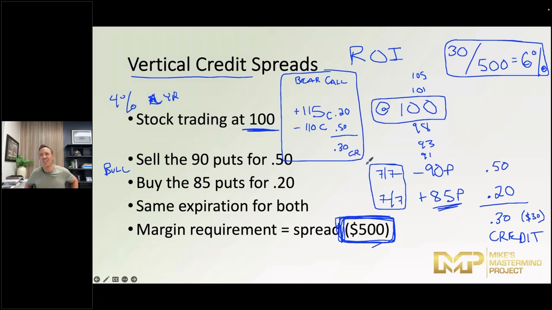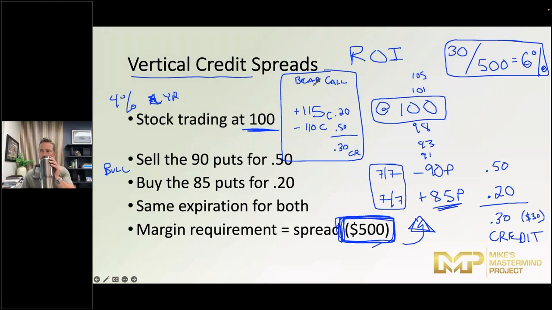And now here's kind of the trick, not really a trick, but this is the fun question. If we have a $500 margin requirement down here, and we came on and we built this trade here that's got a $5 spread, what would the margin requirement be if we added this bear call along with that bull put spread?